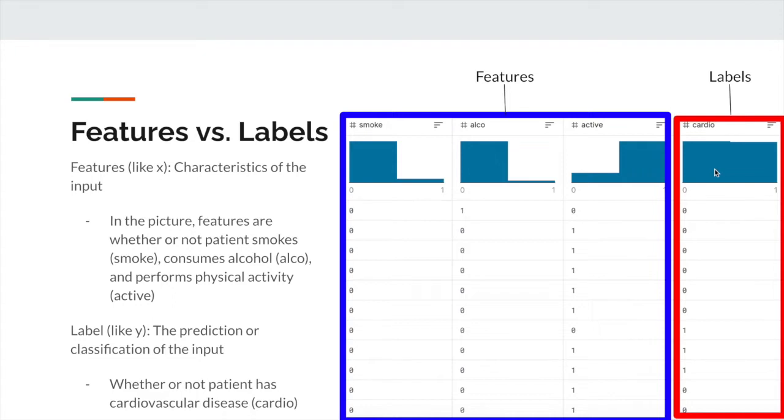If you think about the machine learning model in terms of a mathematical function, you can think of your standard f of x equals y notation. All of the stuff in this blue box are like the x, right? These are the things that you would input into the machine learning model. And all of the stuff in this column in the red is like the y.